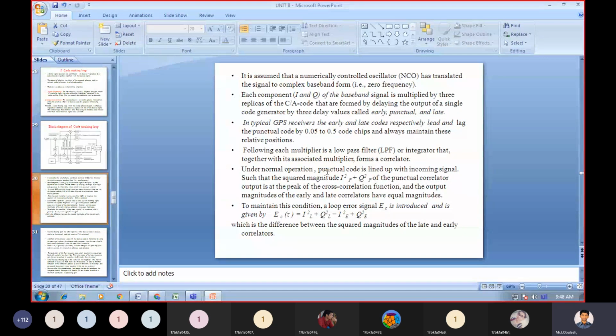Each component, I and Q, of the baseband signal is multiplied by three replicas of the C/A code that are formed by delaying the output of a signal code generator by three delay values called early, punctual, and late.